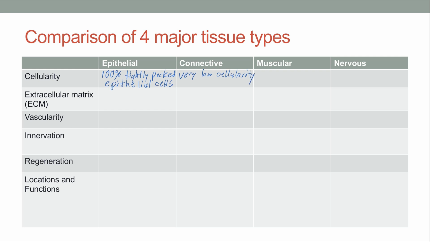What we'll find when we study connective tissues in detail in the next unit or two is that they are not consistent about anything. There's an exception to just about every rule I'm going to give you here. They have very low cellularity, but they also have a variety of cell types.